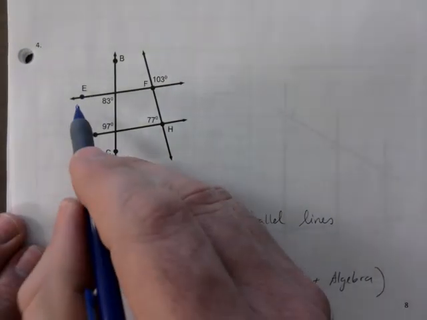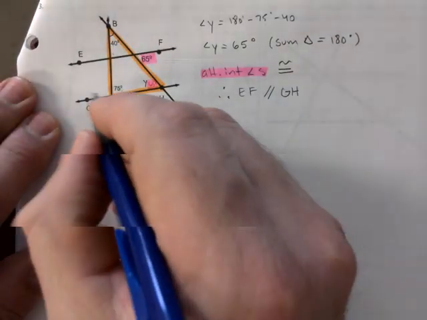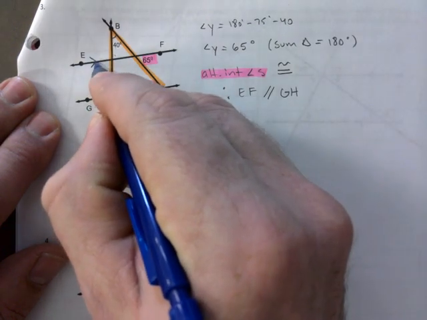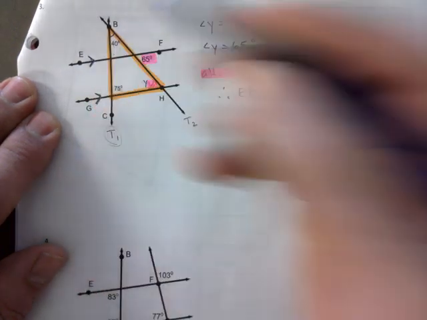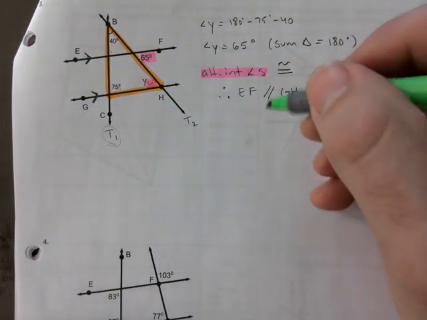So again, the goal is, oh wait, let's go back. I forgot something. Now we could technically go on this diagram and put an arrowhead there, okay? And I will highlight that.